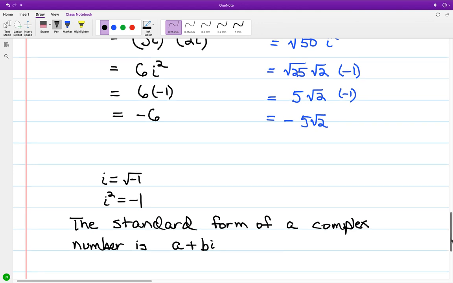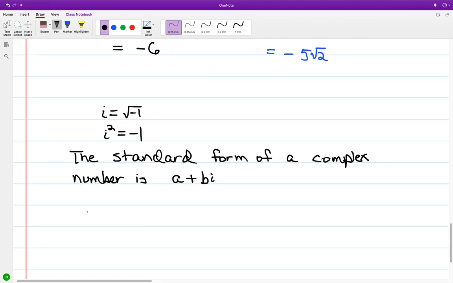And let's say we write in terms of the standard form, or in this case, a plus bi form.